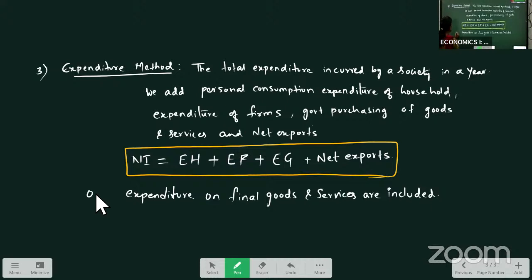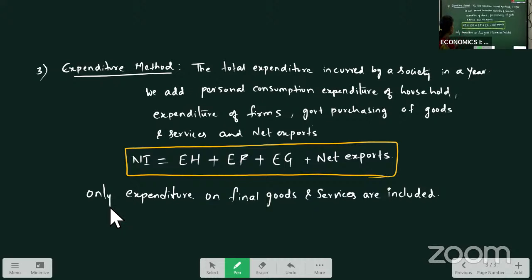So you can see here, what is this expenditure method? Under expenditure method, we calculate the total amount which is spent by the society. In the society, individuals, how they are spending, firms, how they are spending, government, how they are spending. All these expenditure together, when we add, we get the national income by using expenditure method.